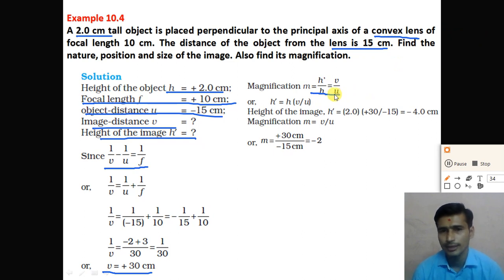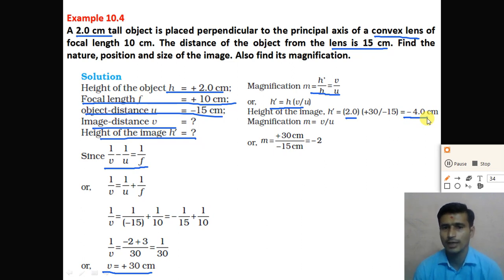So the height of the image h dash is equal to h into v by u. The height of the object is 2 centimeter. Image distance v is 30 centimeter and object distance u is minus 15 centimeter. So we get the height of the image as minus 4 centimeter, right? So the image will be produced below the principal axis.